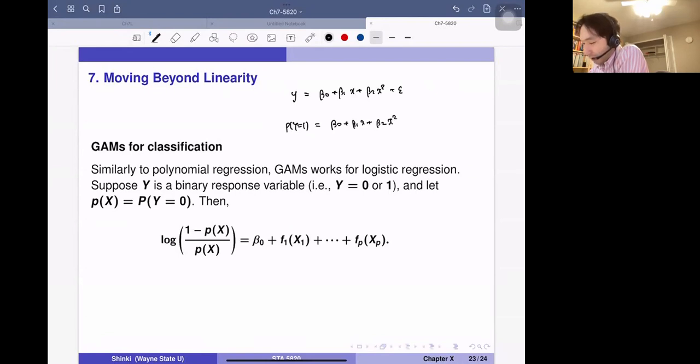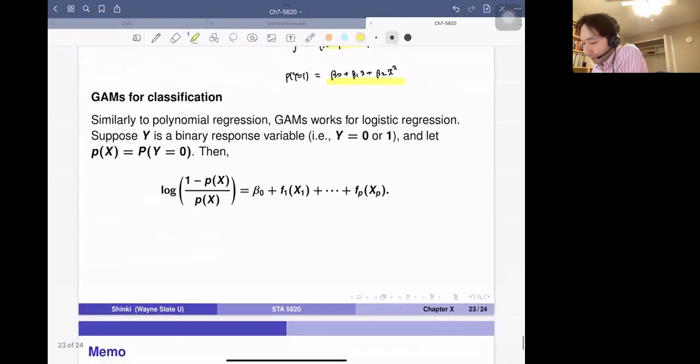So always we can think about the logistic version. So the GAM can work for logistic regressions also. So if y is binary response, then we set the p of x. So sorry, we explain the probability of y is equal to 0 as a function of x. So this one is equal to this.